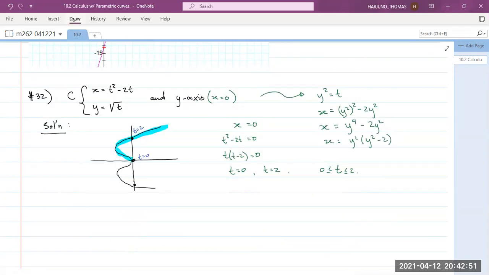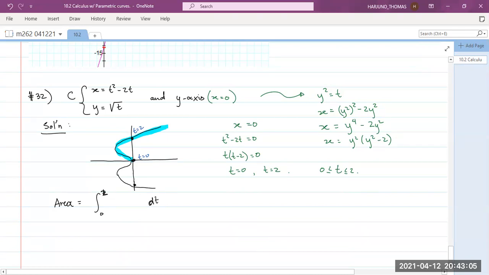Okay, so the area will be the integral from t equals 0 to t equals 2, dt. I move around along Y. So that will be x times the derivative of y.